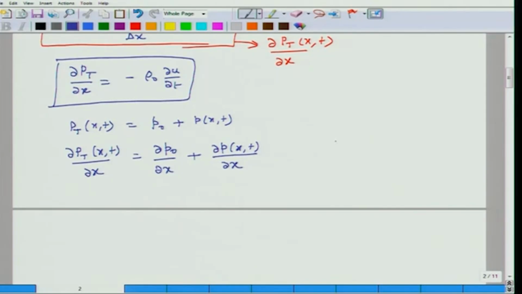And because P naught is atmospheric pressure and this was a constant, that is our assumption, this term goes to 0.